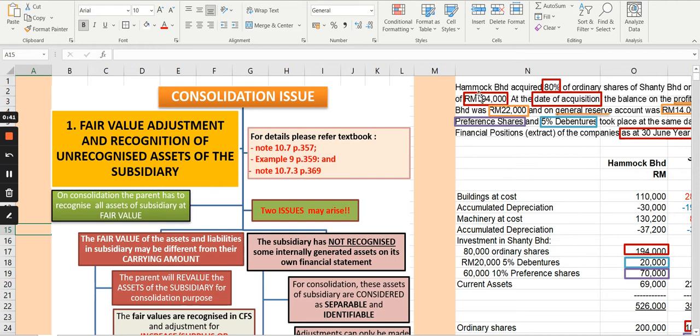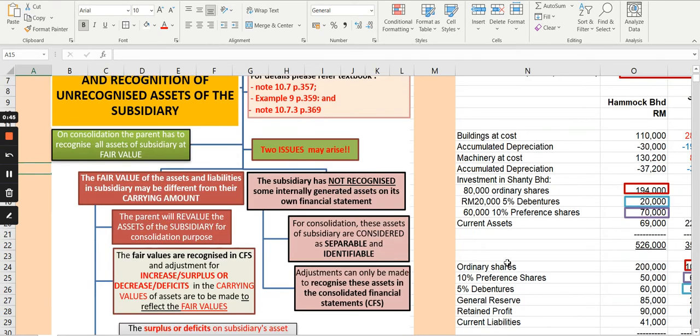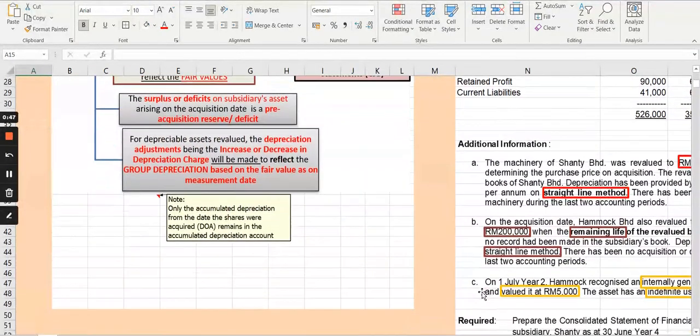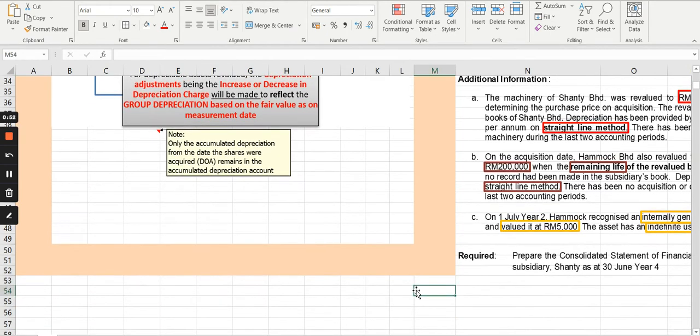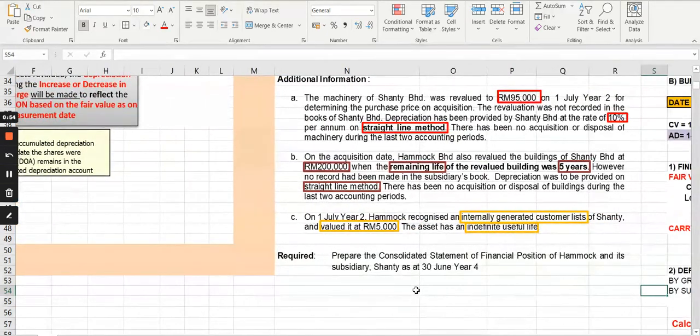We were using the example Hammock and Shanty, and I've done part A and B of the example. Now I'm moving on to part C, where part C is regarding this internally generated customer list of Shanty that was not recognized earlier because it does not meet the recognition criteria for intangible assets.